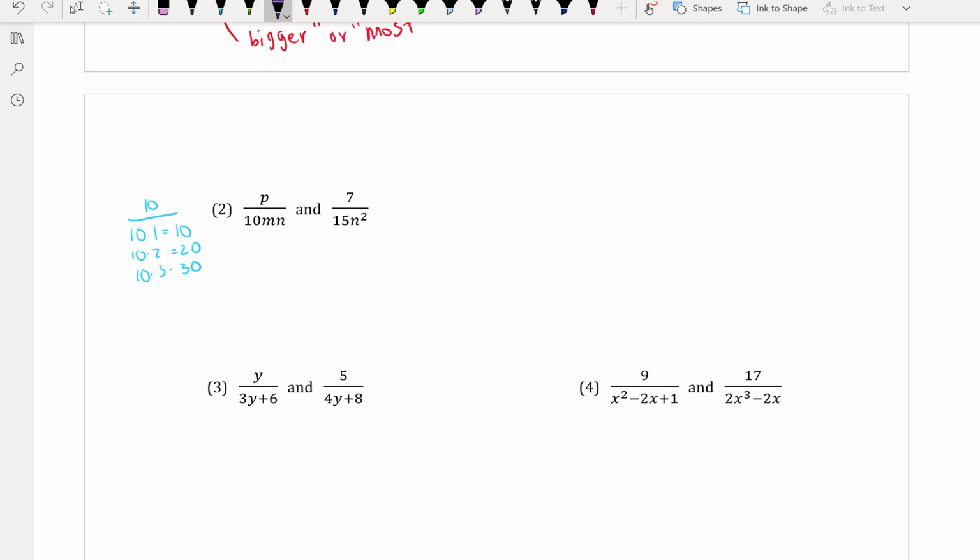And of course, if I'm comparing that to my 15s, 1 times 15 is 15, 2 times 15 is equal to 30, which is perfect. That's exactly what I need. That's the first number that they share. So the LCD is going to have definitely at least a 30.